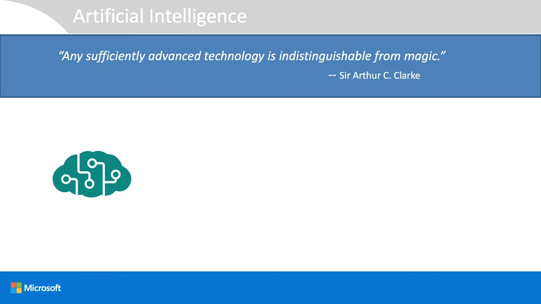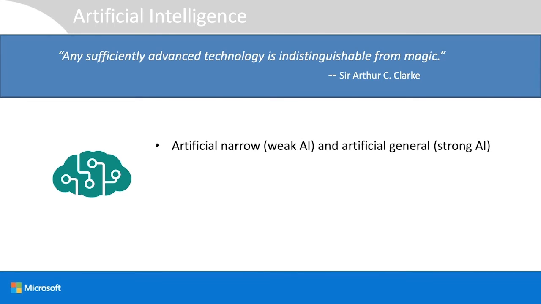So what exactly is AI? Well, for some people, AI represents a scary view of a human-killing android or some other autonomous machine that's obsessed with ridding the world of humans. Fortunately, that's not what we're talking about when we say AI. When we say AI, we are talking about artificial narrow AI or weak AI.